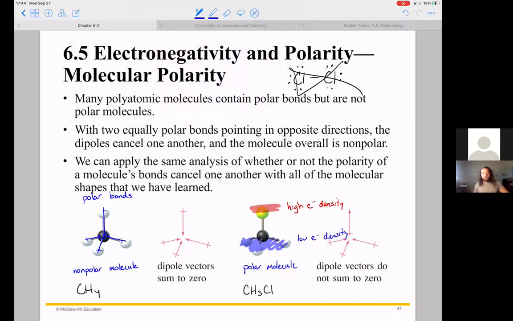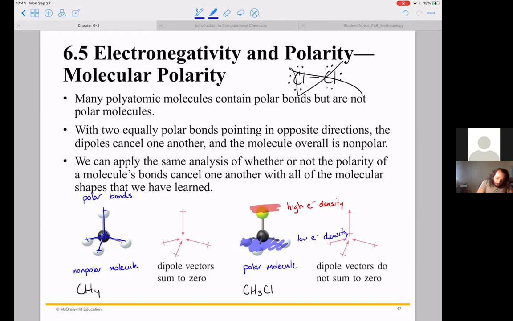Just like with polar bonds, where there was an unequal distribution of electrons, a polar molecule is the same idea. It means that one portion of this molecule has more electron density than the other portion.